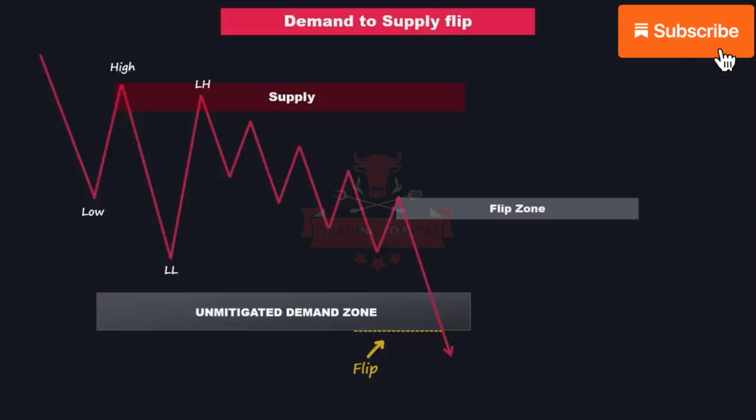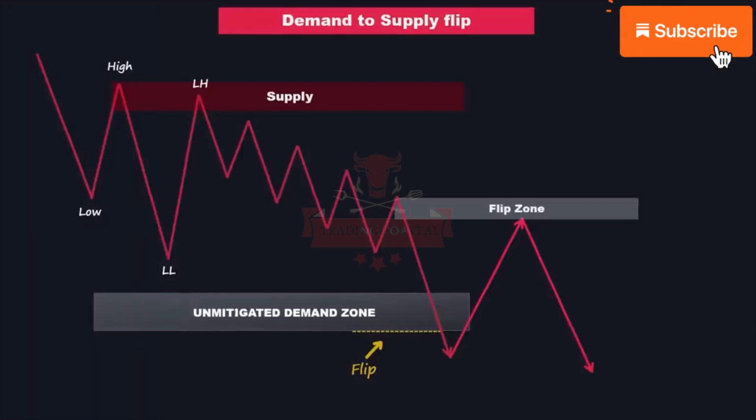Typically, after such a flip pattern occurs, the price may retrace to the flip zone and mitigate it before resuming its bearish movement. Traders, this is what we refer to as a demand to supply flip pattern. It signifies a change in market dynamics, indicating a potential opportunity for traders to consider entering short positions in anticipation of the continuation of the downtrend.